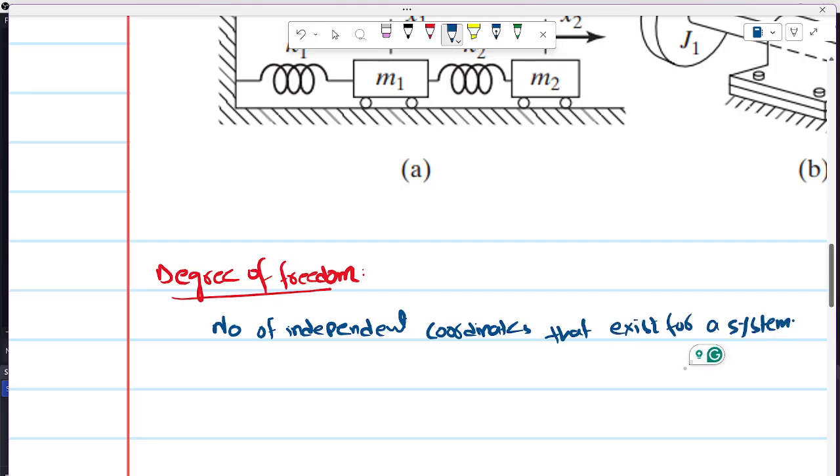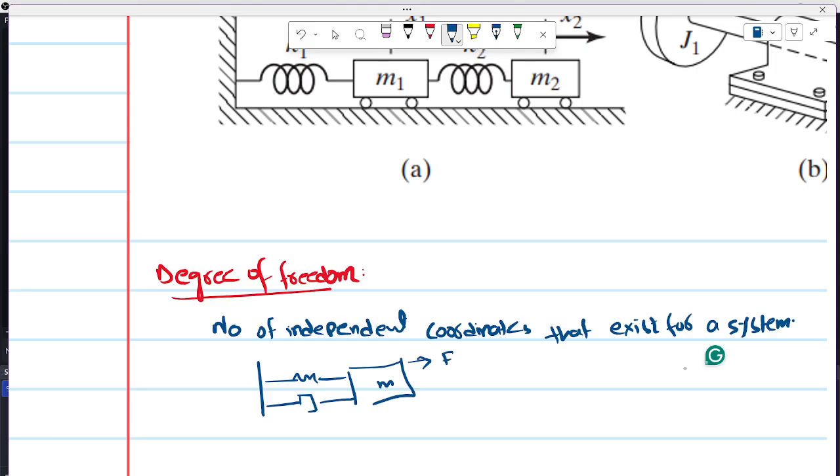What does that mean? I gave you a very simple example of this mass spring damper system. If we apply the force here, what is the number of independent coordinates that the system will move along?